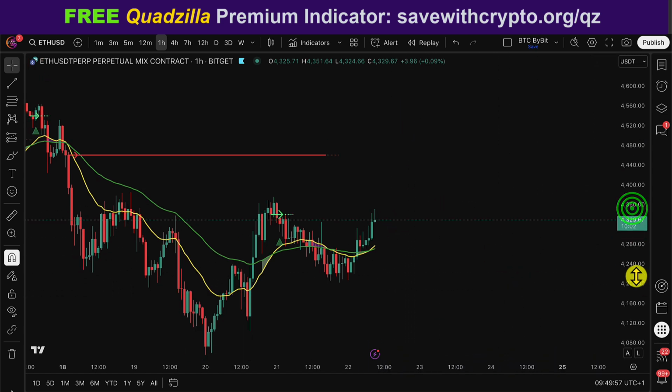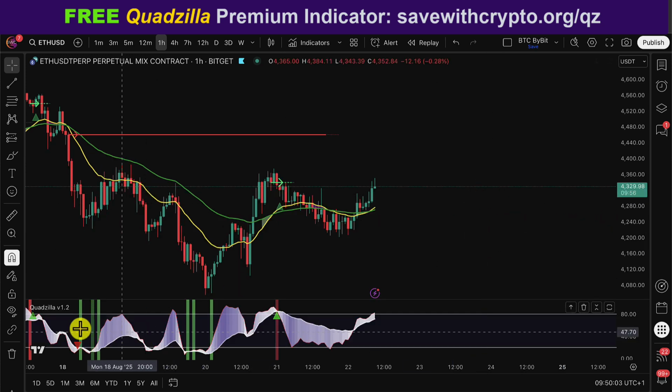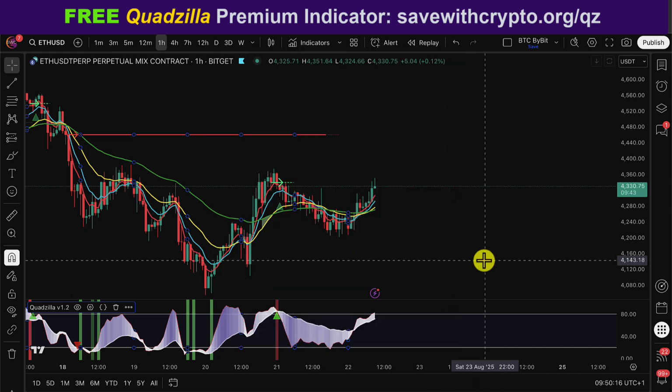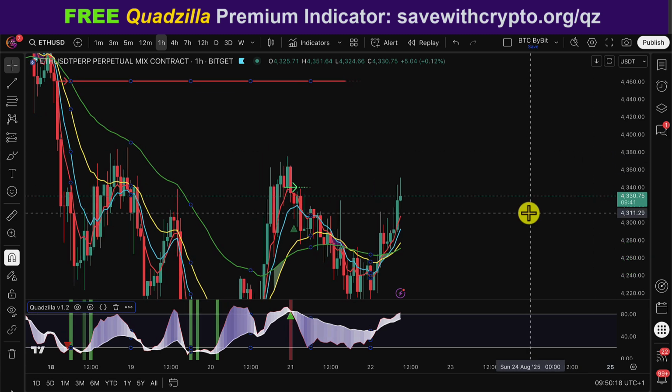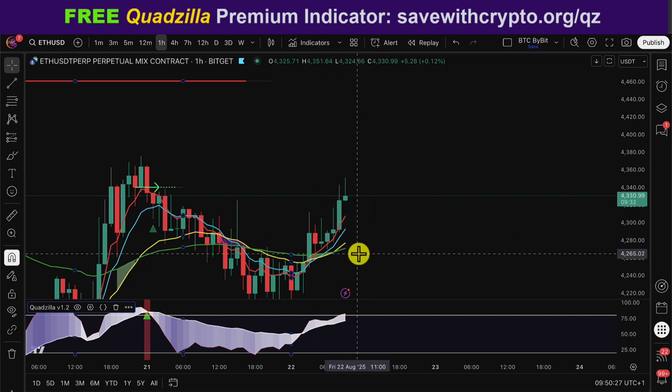Now what might help is an extra setting on Quadzilla, which I like to add. At the moment this is pretty much the defaults, but I also like to add in here the EMA 5 and the EMA 9, because what we want to see is these EMAs in this order: red, cyan, yellow, green, and that implies we've got a trend in motion to the upside.